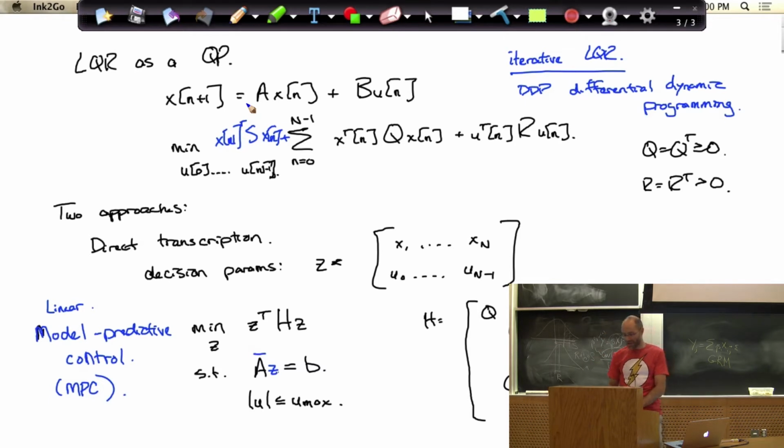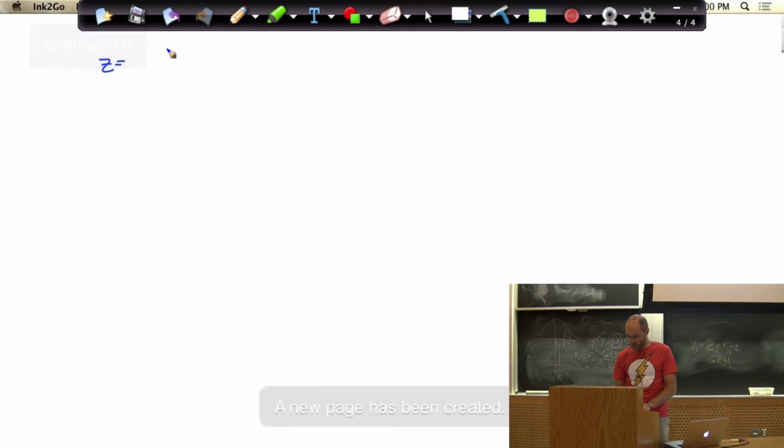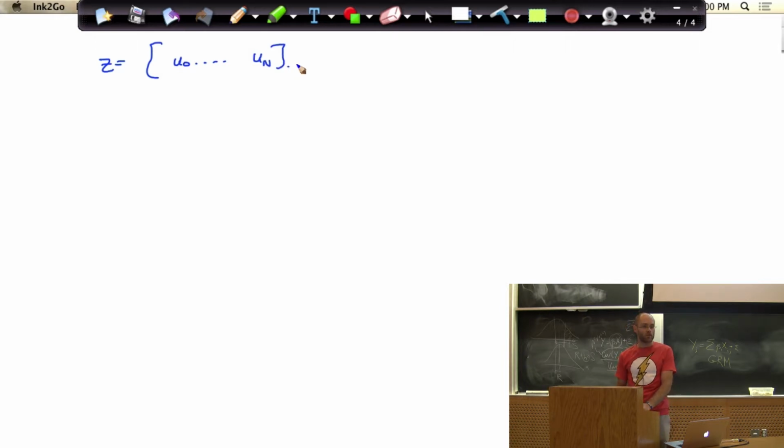Cool. I want to make sure you see that you can also write the shooting method down just like this. It also works. If I had chosen my z to be just u0 to un, for linear systems I can solve away all those extra terms.